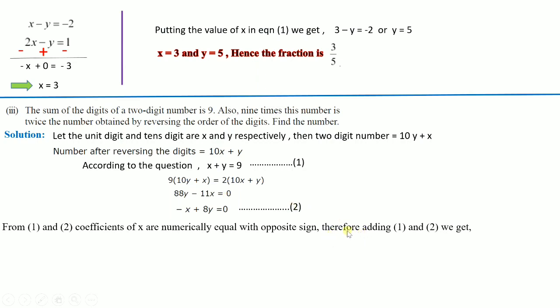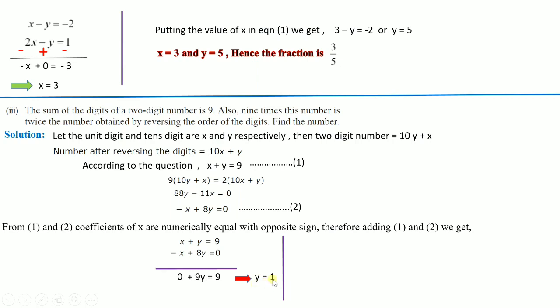So adding 1 and 2, x plus y is equal to 9 and minus x plus 8y is equal to 0. So minus x plus x cancels, 8 plus 1 is 9y is equal to 9 plus 0, 9. So y is equal to 9 upon 9, which is 1.